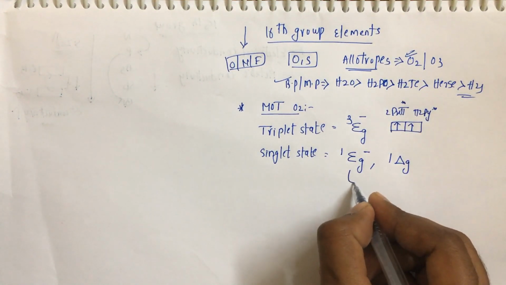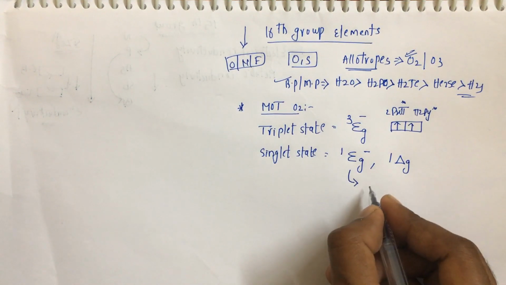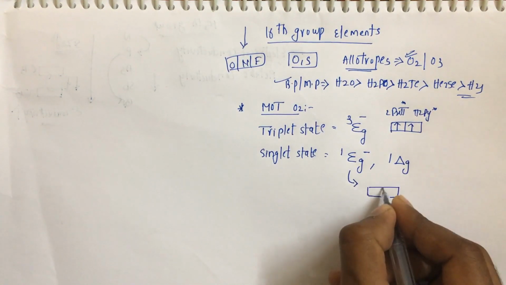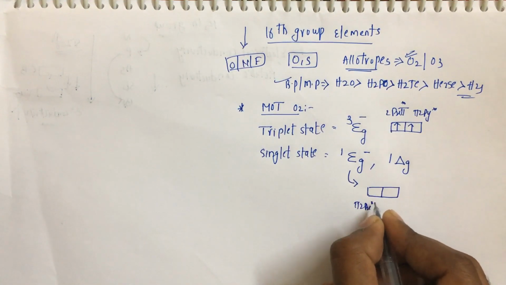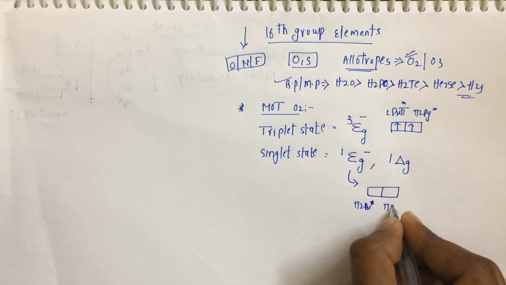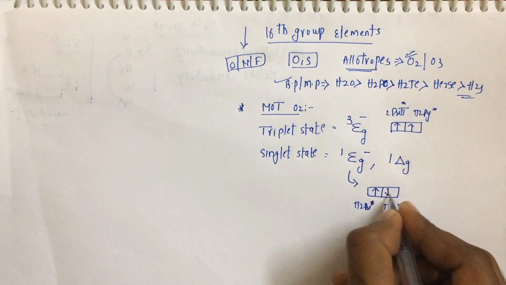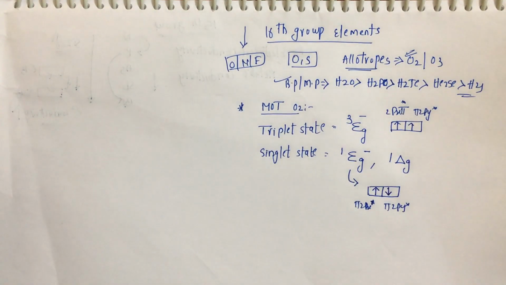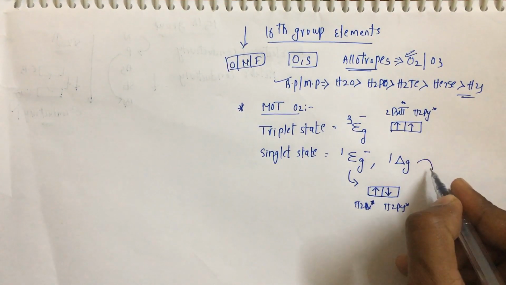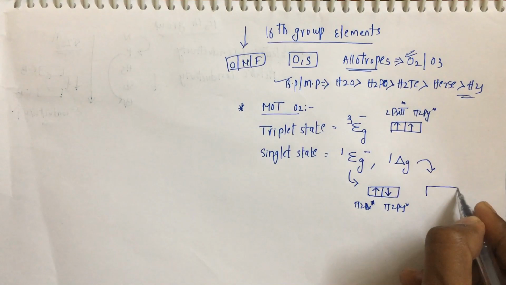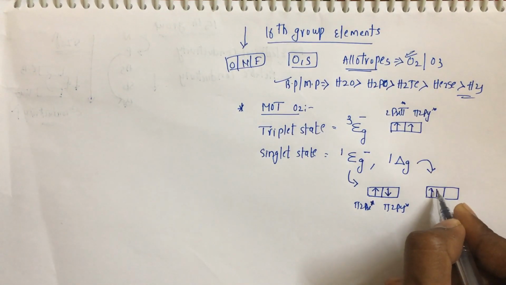When both the electrons in the π*2px and π*2py occupy two different orbitals with opposite spin, this is the singlet state. In the other case it's possible when both the electrons occupy the same orbital.